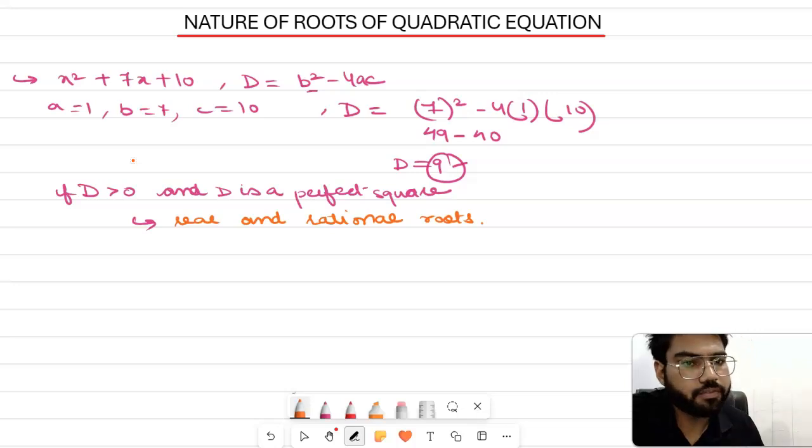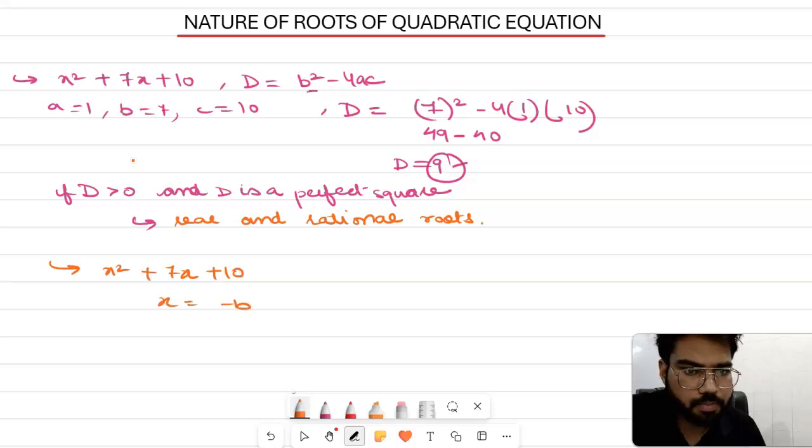So now let's verify for this equation. Now x square plus 7x plus 10. Now using formula x is equal to minus b plus minus under root d upon 2a. D here is discriminant and we know that the value of discriminant is b square minus 4ac.